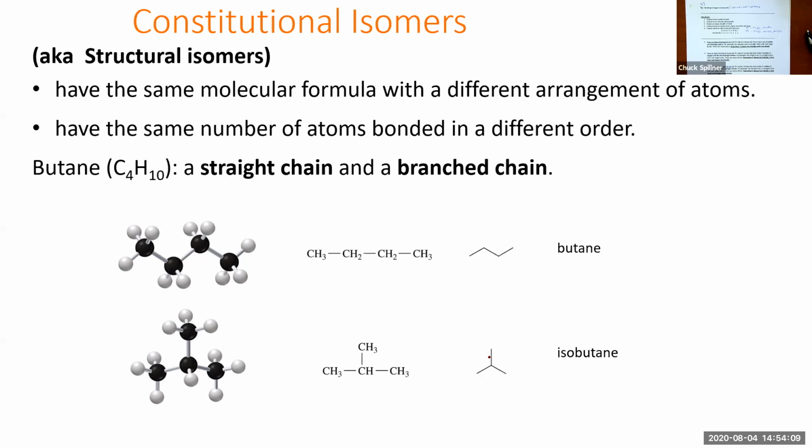But if you have C3H8 and you take 2 hydrogens away and make it C3H6, well, then you've got opportunities for isomers. But as far as alkanes, saturated hydrocarbons, you need to have 4 or more carbon atoms to have isomers.